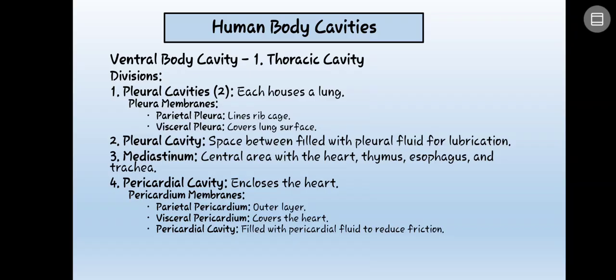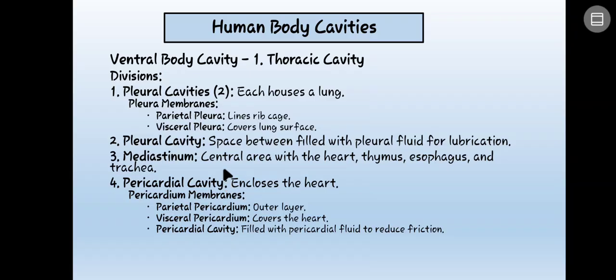The mediastinum can further be divided into the upper mediastinum and the lower mediastinum, where we can find the pericardial cavity. The pericardial cavity is located within the mediastinum, and that is the cavity that encloses or houses the heart.